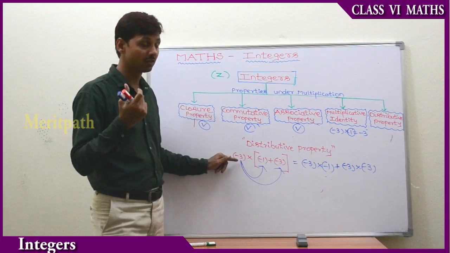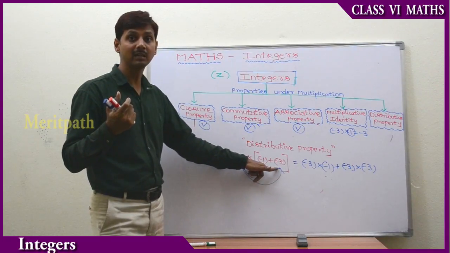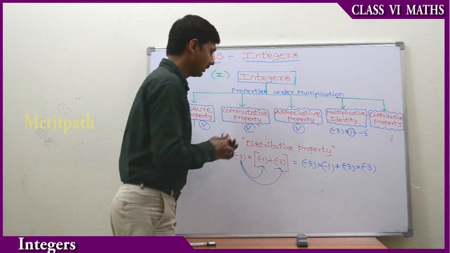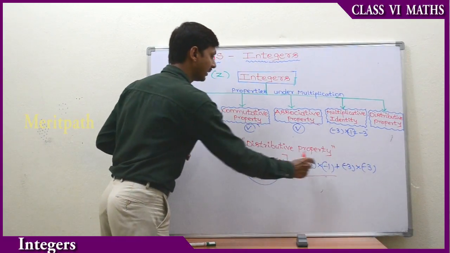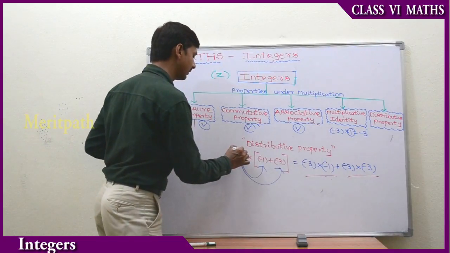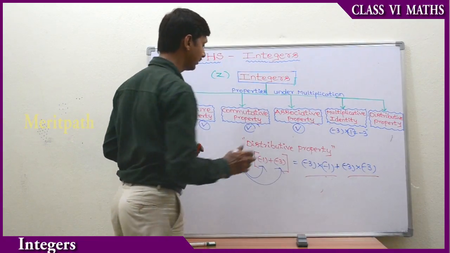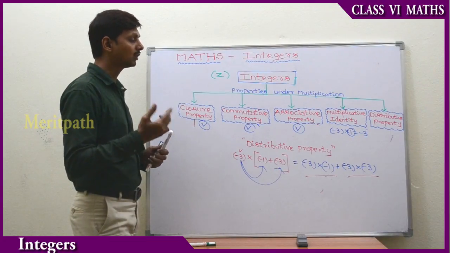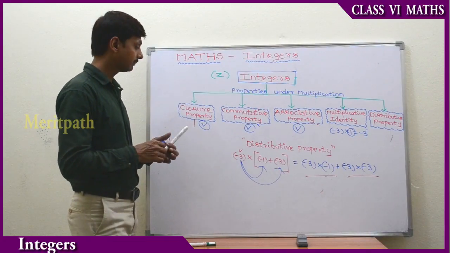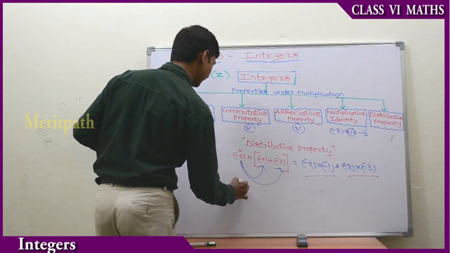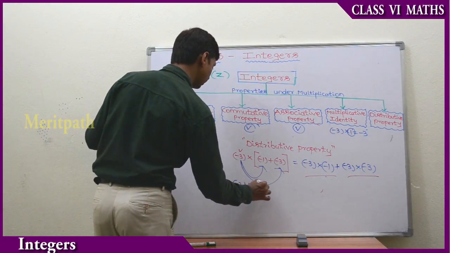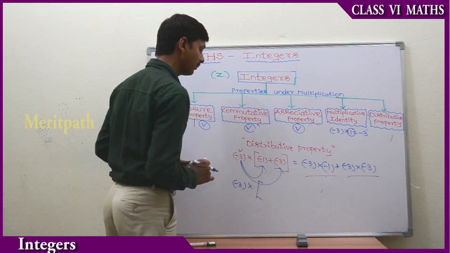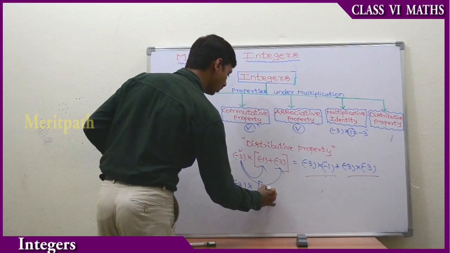Here minus 3 is distributed over minus 1 and minus 3, like minus 3 into minus 1 and minus 3 into minus 3. So let's see whether we get the same result on both sides. Minus 3 into the sum. Let's simplify these two values, minus 1 plus minus 3, that is minus 4.